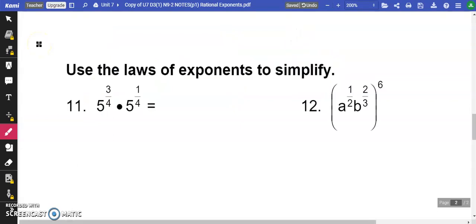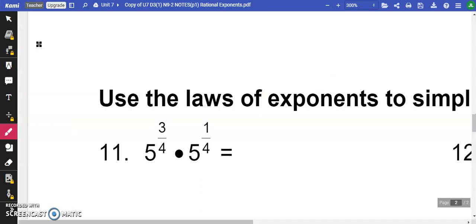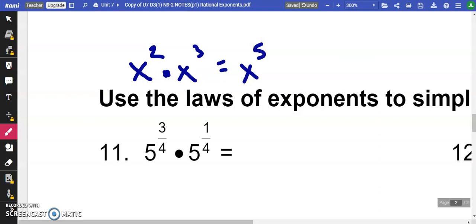All right, for these last two examples, there's basically 2 rules that we need to remember from way back in Algebra 1. So for number 11, the rule we're going to use is that if I multiply two numbers with the same base, so let's say I'm taking x squared times x cubed, my answer is the two exponents added together.